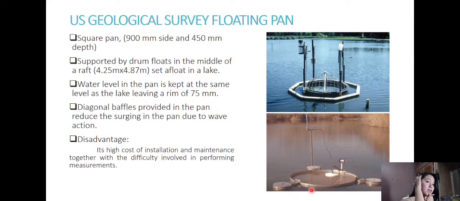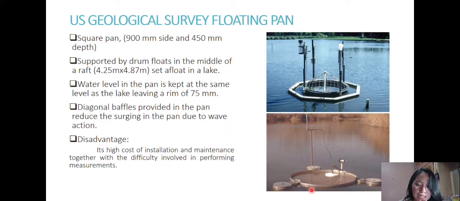The next kind of pan is the U.S. Geological Survey floating pan. With a view to simulate the characteristics of a large body of water, this square pan, it is 900 millimeter side and 450 millimeter depth, is supported by drum floats in the middle of a raft, which is 4.25 meters by 4.87 meters, set afloat in a lake.